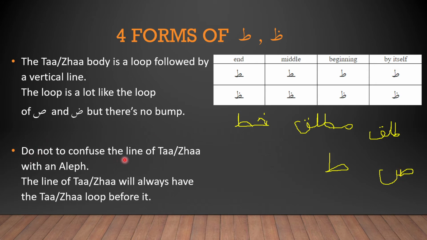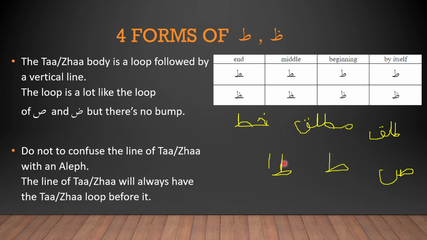Do not confuse the line of Taa Zha with the Alif. We see Alif is like this, a straight line, where the line of Taa and Zha looks similar, doesn't it? The line of Taa and Zha looks very similar to Alif, but it's important that we do not confuse it with Alif, because the line of Taa will always have a loop of Taa before it.